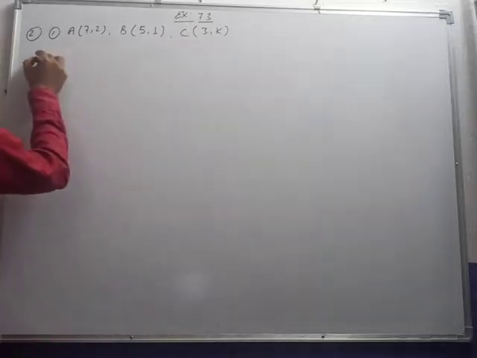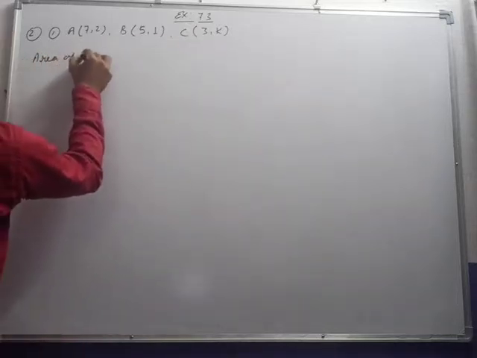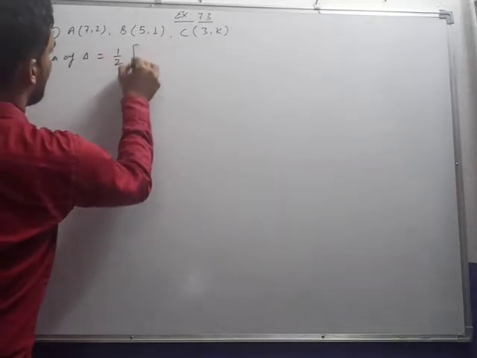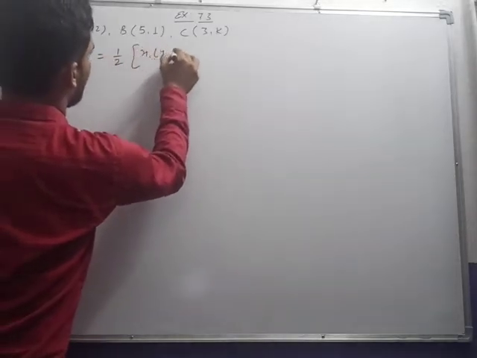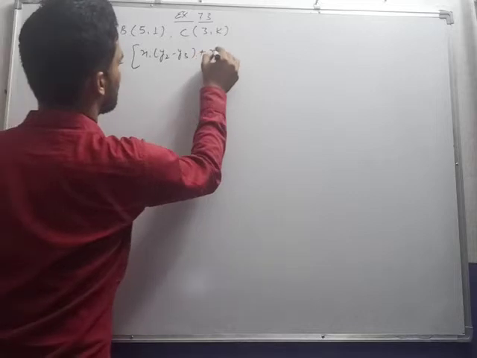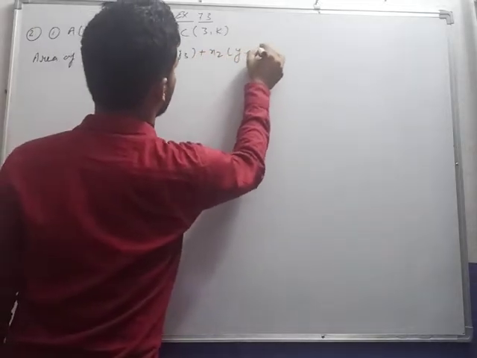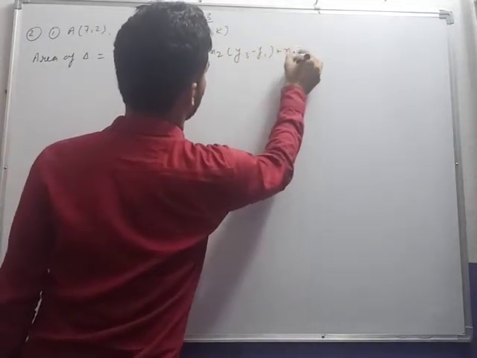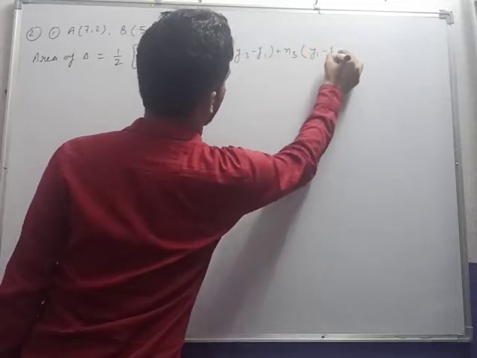So the area of the triangle is 1 by 2 times x1 (y2 minus y3) plus x2 (y3 minus y1) plus x3 (y1 minus y2).